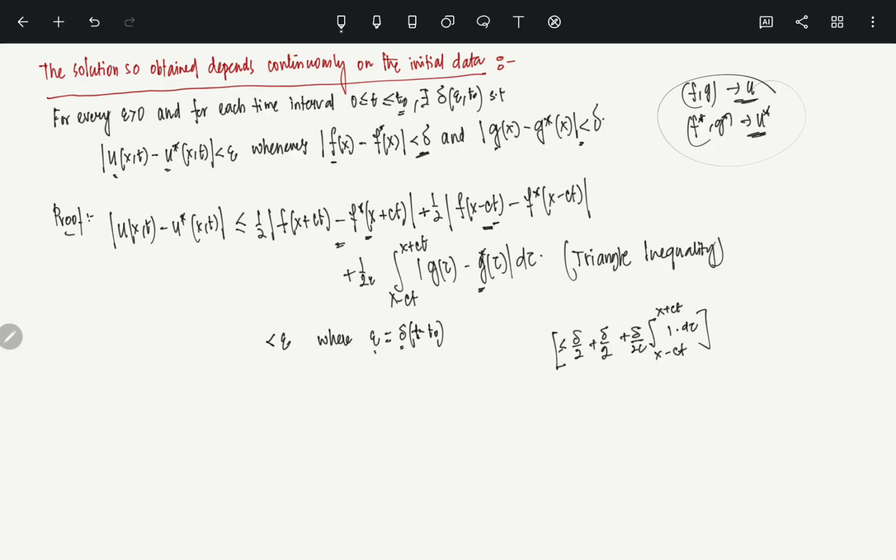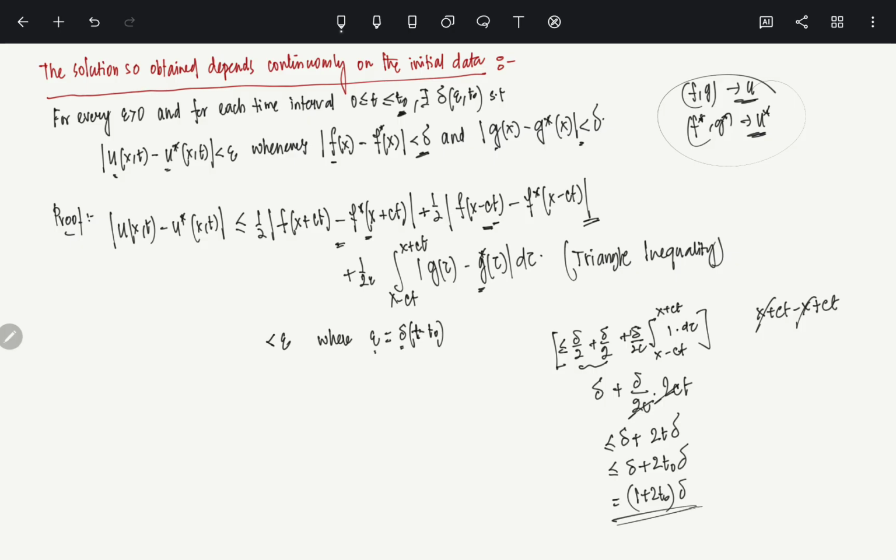So this particular term is always dominated by this, and these two will give you delta. And this term, plus delta by 2c, will actually give you x plus ct minus (x minus ct), so essentially this gets cancelled out and it becomes 2 times ct. So this is delta plus 2t delta. Clear? This t has the upper bound t naught, so this is always dominated by delta plus 2 t naught delta, which is 1 plus 2 t naught times delta.